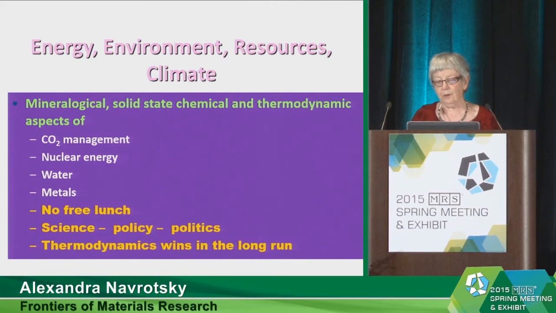So, what do we know? We know that processes, the rates of processes, are controlled by kinetics. We know that the end products are eventually controlled by thermodynamics. Another slide I sometimes show, but I don't have it here, is you're standing on top of a ski hill at sunset time.